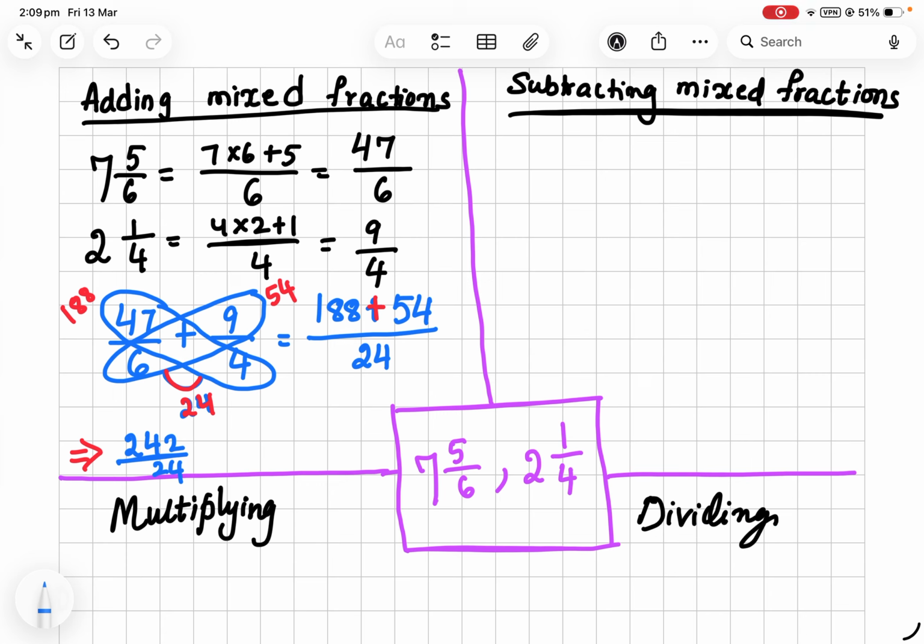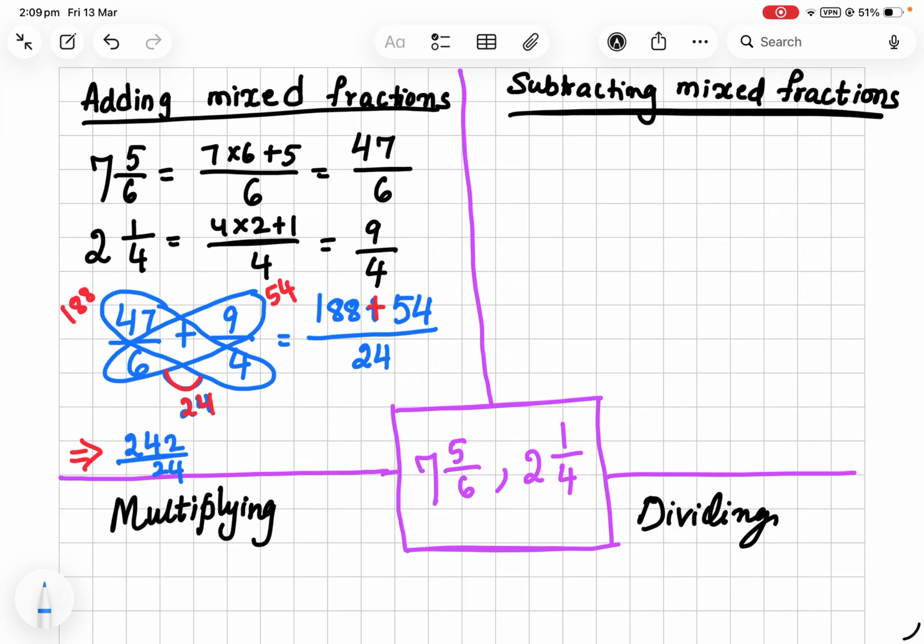Now you have to simplify. The simplifying technique is covered in another video that I made, so you can check out that video. Or in this case, because both numbers are even, you can straight away start with using the 2 table, right? Roughly, I can clearly see that 24 goes into 242 10 times.